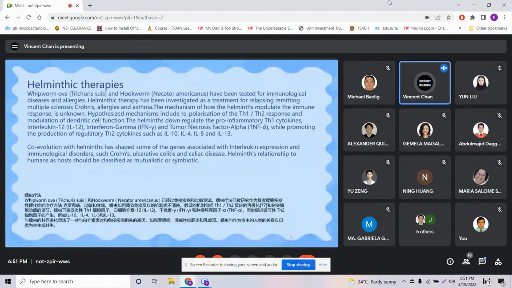Okay, the next page is about helminthic therapies. Whipworm and hookworm have been tested for immunological diseases and allergies.